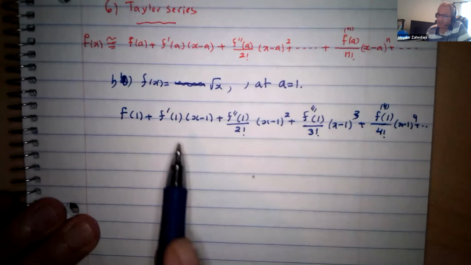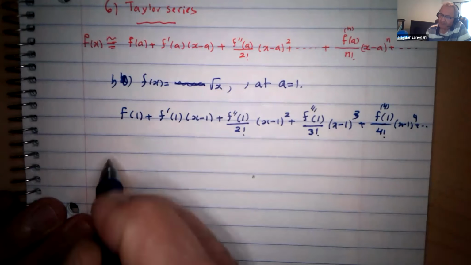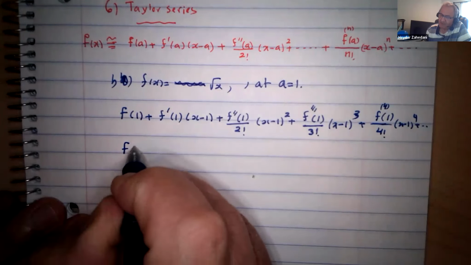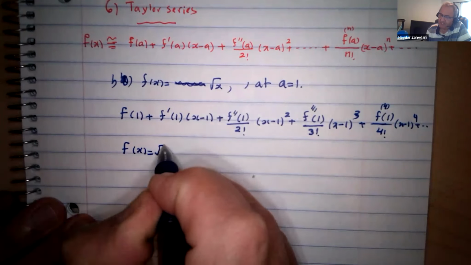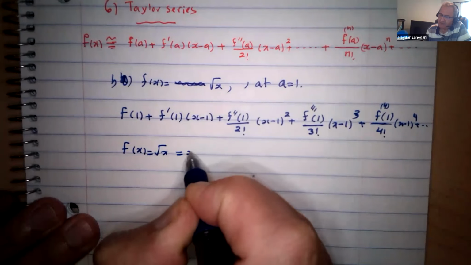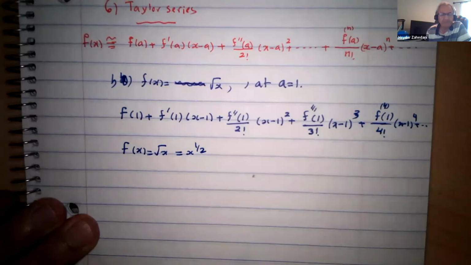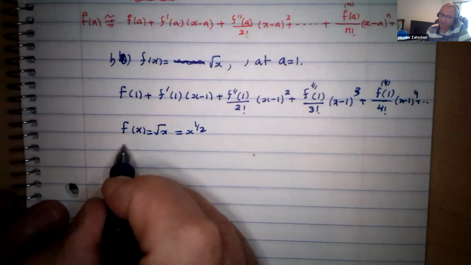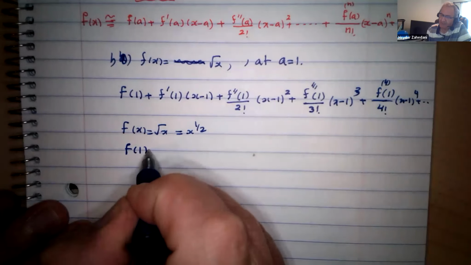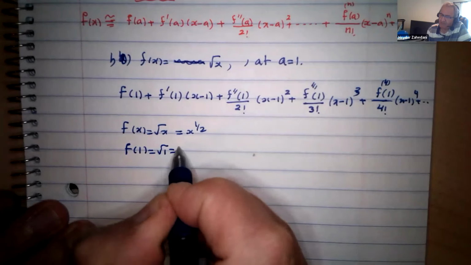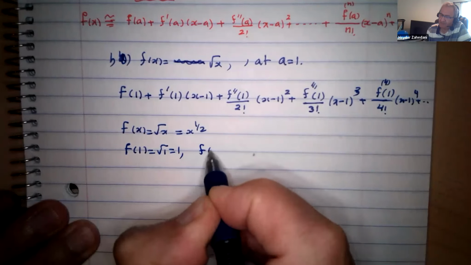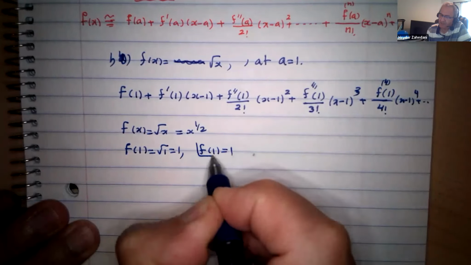So you have your function, just find these numbers. The function is f of x equals radical x. You may write it as x to the half because you want to differentiate it. f of 1 is easy. f of 1 would be radical 1, which is 1. So f of 1 is 1, the first step.